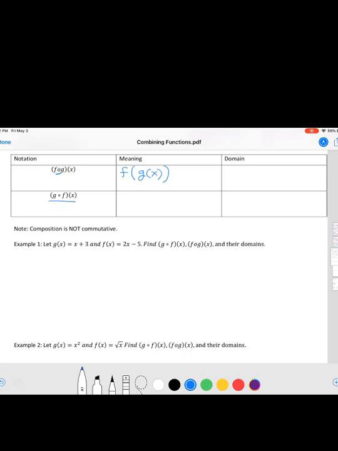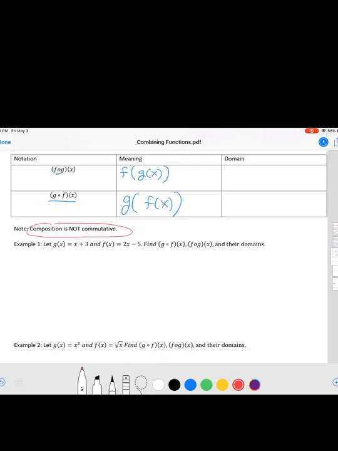And for this one here, this means I'm going to take the entire function f of x and plug it into g of x. Now, keep in mind that composition is not commutative. What that means is that I can't change the order of f and g and assume it's going to be the same. Just like with addition, 2 plus 3 is the same as 3 plus 2, I can change the order and I know the answer is still going to be 5.